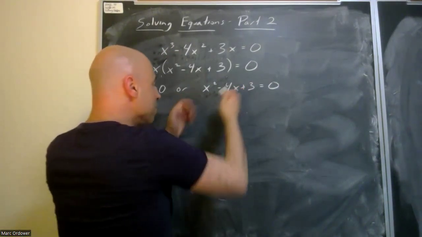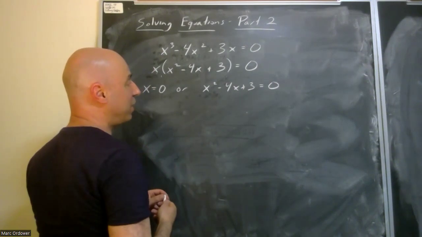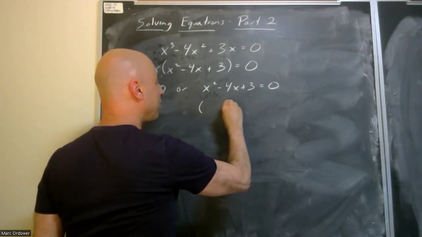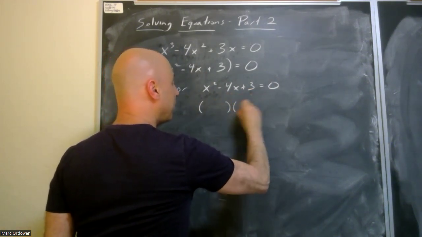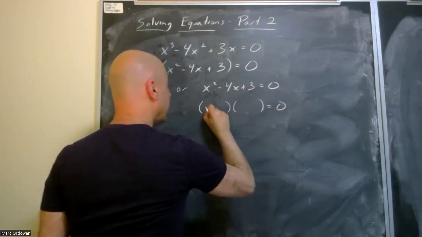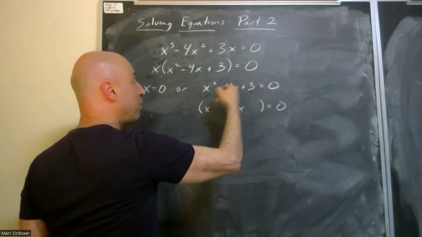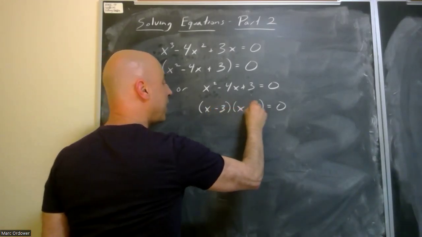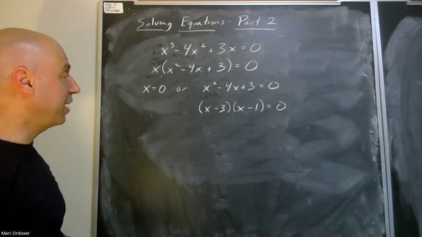So either this factors nicely, or if it doesn't factor nicely, we can use the quadratic formula on it, but this one happens to factor nicely. I'm looking for two numbers that multiply to give you positive 3 and add to give you negative 4. And so the two numbers that multiply to give you positive 3 and add to give you negative 4 are negative 3 and negative 1. The order doesn't matter. You could have negative 1 first and negative 3 second.